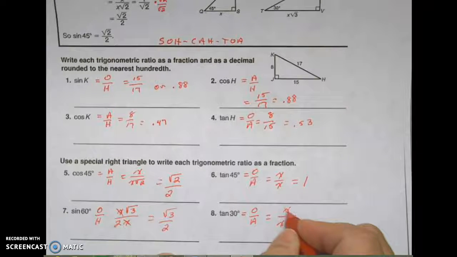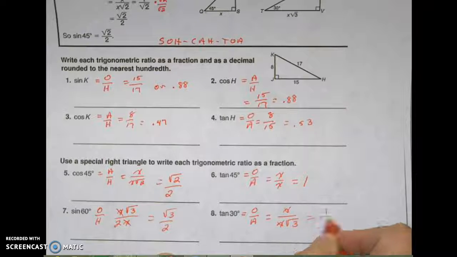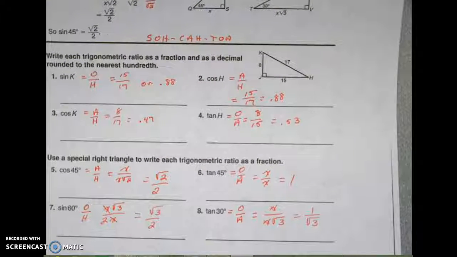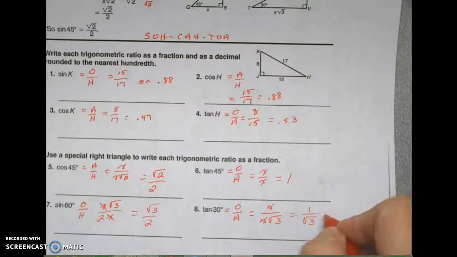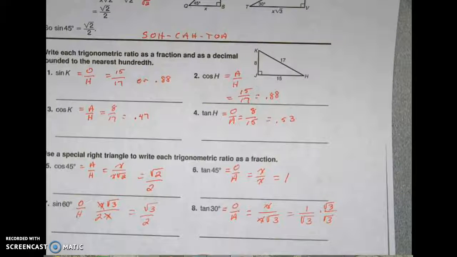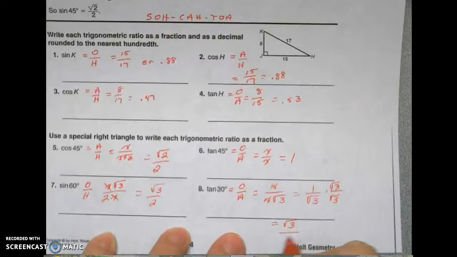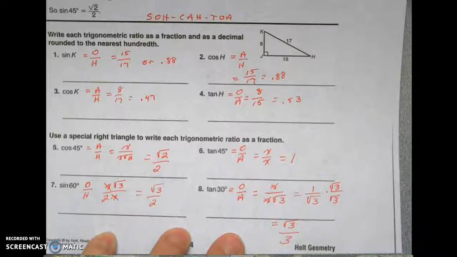My x's cancel out. I'm left with 1 over the square root of 3. But I don't like to have a radical sign in my denominator, so I'm going to rationalize the denominator by multiplying top and bottom of my fraction by square root of 3. That gives me a final answer of the square root of 3 for my numerator and the whole number 3 in my denominator. So the square root of 3 over 3 is the answer to what is the tangent of 30 degrees.